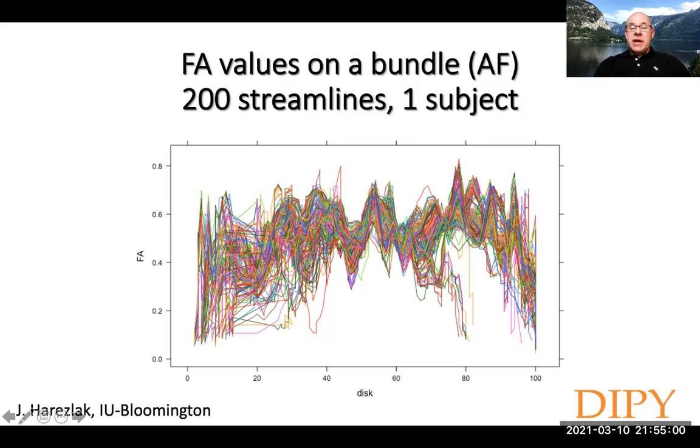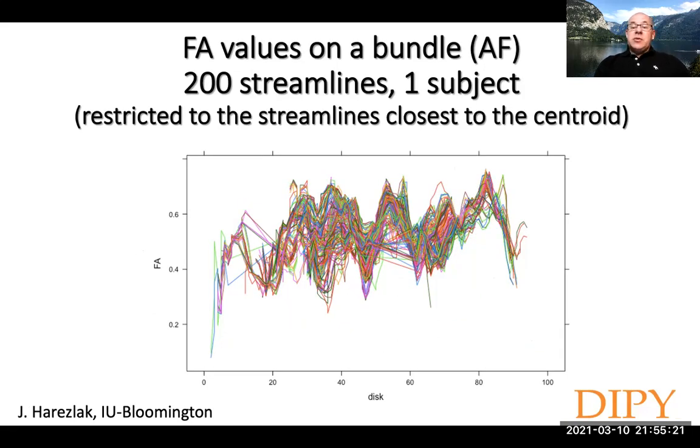So you can see here on the x-axis, we have data for 100 disks. And as I said, we have observations from 200 streamlines. Now the question is how to incorporate all this data in the same analytical model.